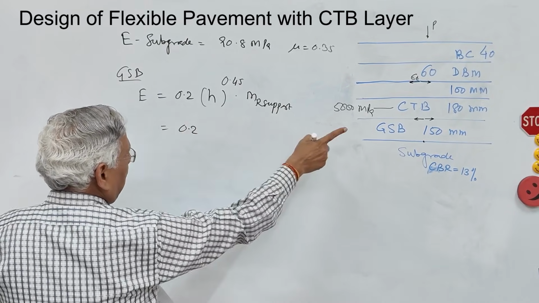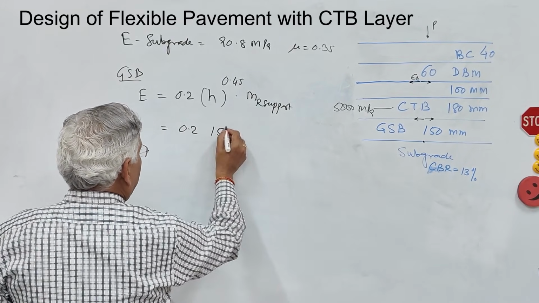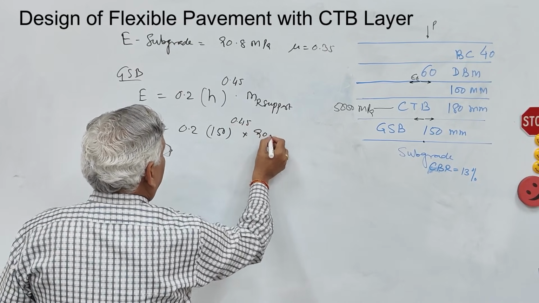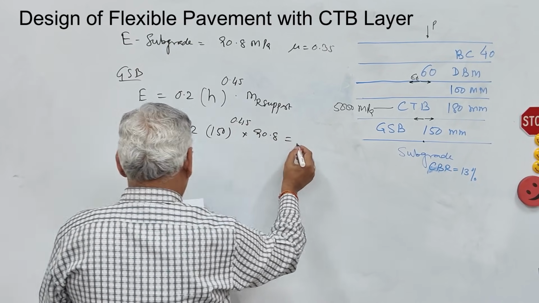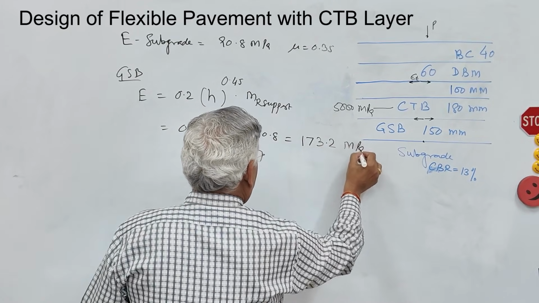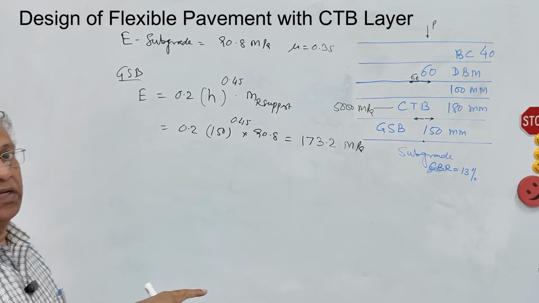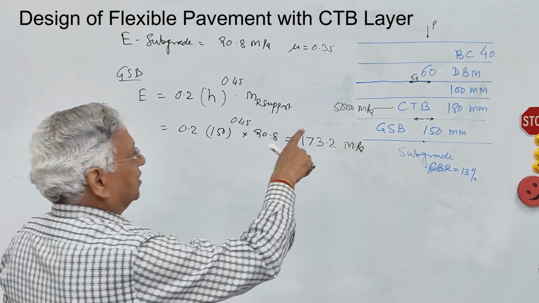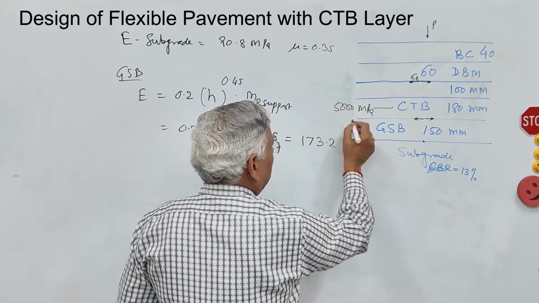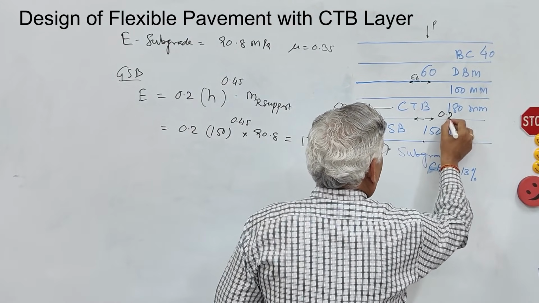So 0.2 into 150 mm, power 0.45, into 90.8, and this is 173.2 MPa. Poisson ratio for this layer is also taken 0.35. For the CTB layer, we take 5000 and its Poisson value is 0.25.